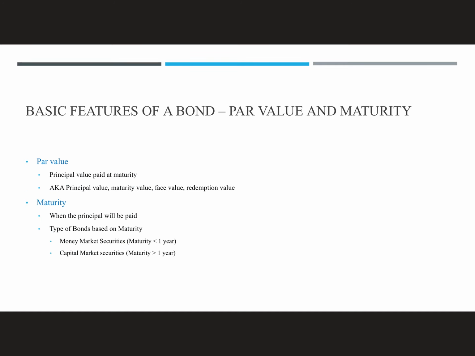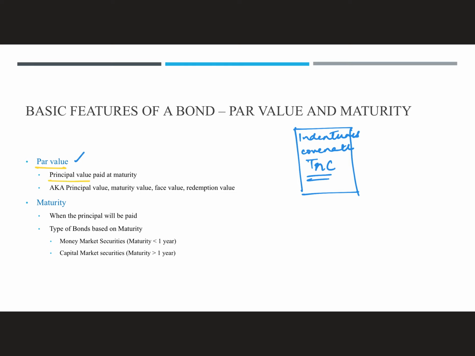Then we also have this basic feature called par value. So what is the par value? If you see a bond document, it consists of indentures or covenants, or to be very simple, we can say T&C, terms and conditions. In those terms and conditions, there is a specific value which is said to be paid at the time of maturity. This kind of payment is called par value. It is also known as principal value.